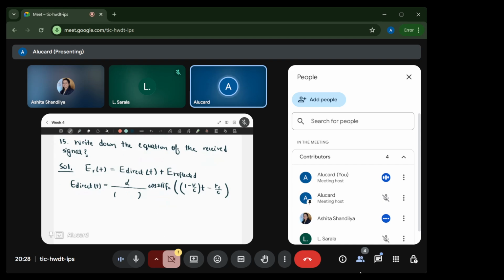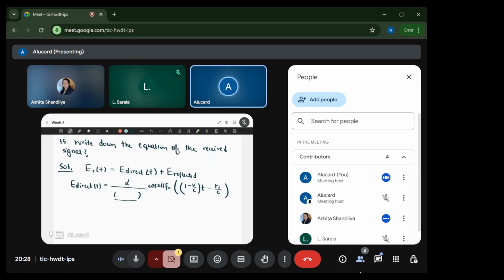And here again, there's an attenuation because of the distance. So it's a linear factor of the distance between the transmitter and receiver.